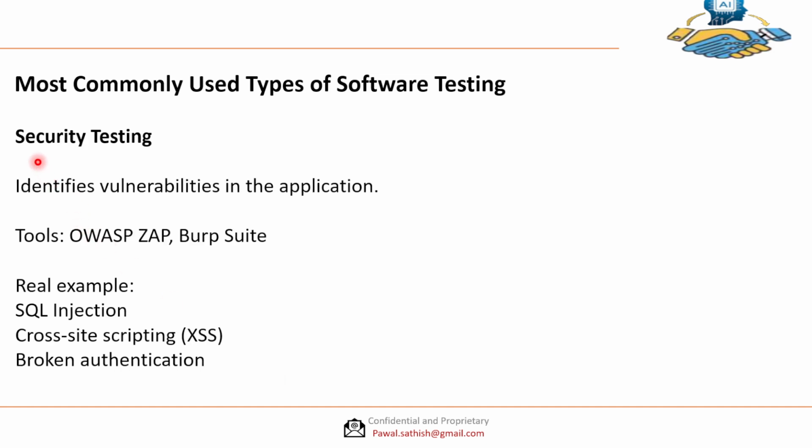The next is security testing. This is also a very important testing. Basically, banks and finance companies use security testing, and they are very strict. It identifies the vulnerabilities in the application, and for this we are using the most famous tool, Burp Suite. Real examples are SQL injection, cross-site scripting, and broken authentication.